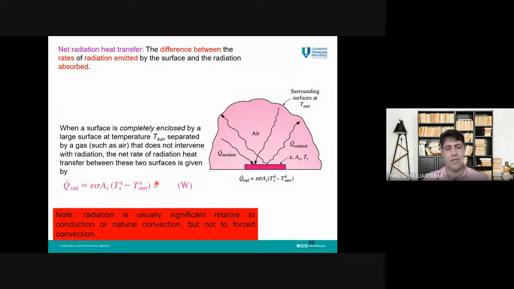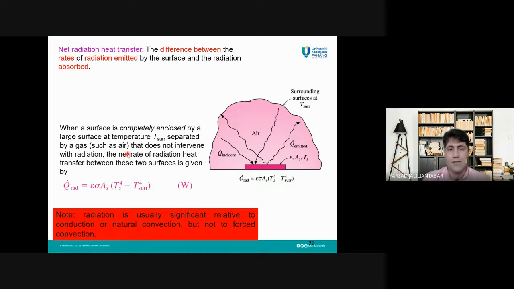As I said, the surrounding is just our assumption, when a surface is completely enclosed by a large surface at temperature T surrounding. We can have this assumption because generally the temperature of the surrounding or the environment remains constant. It doesn't change by seconds or by minutes. It's almost constant. So we can assume the temperature of the surrounding is constant at T surrounding.